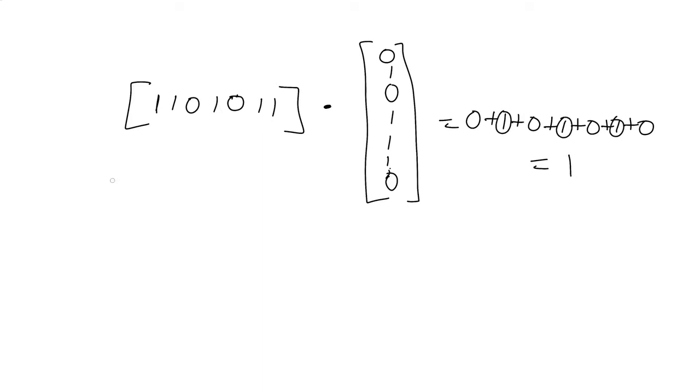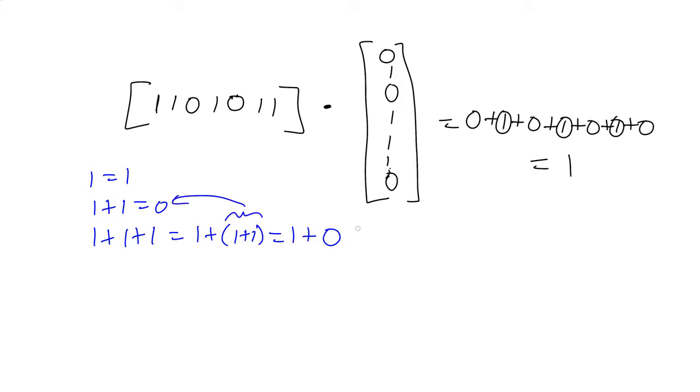And all that is going to turn out to be 1, because there is an odd number of ones here, right? Because remember, 1 plus 1 equals 0, and 1 plus 1 plus 1 is the same as 1 plus 0, because remember 1 plus 1 equals 0, and 1 plus 0 is going to be equal to 1. 1 plus 1 plus 1 plus 1, by the same logic, is 0. 1 plus 1 plus 1 plus 1 plus 1 equals 1, etc. Right?